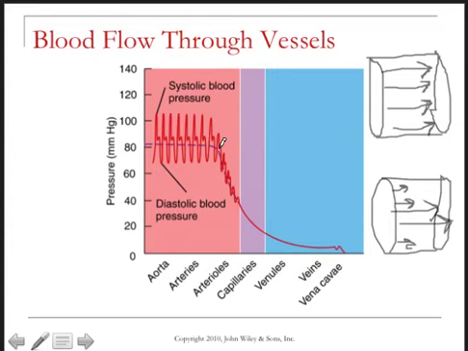Now notice what happens as we move away from the heart. We head away from the heart and we experience now a decrease in overall pressure and also a decrease in the fluctuations of pressure. Okay, so down, down, down we go from the arteries to the arterioles, and then when we hit the capillaries, look at this big drop off here.